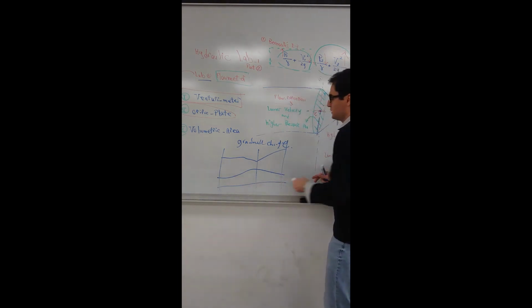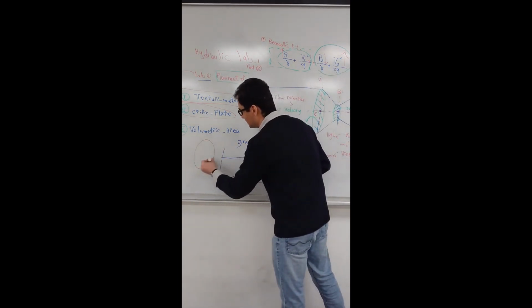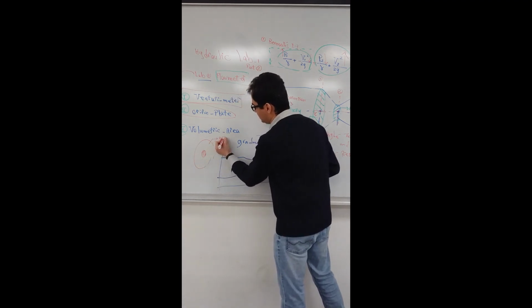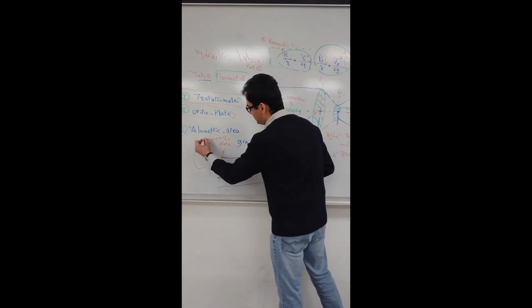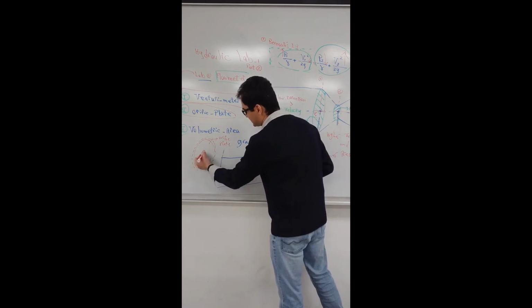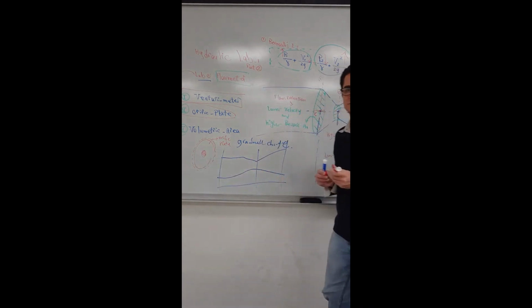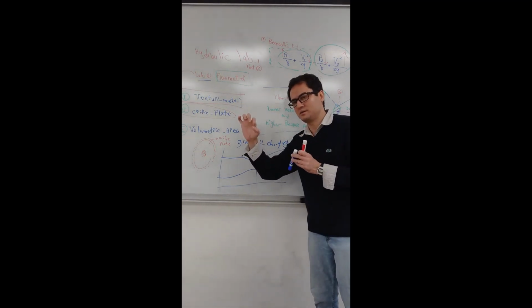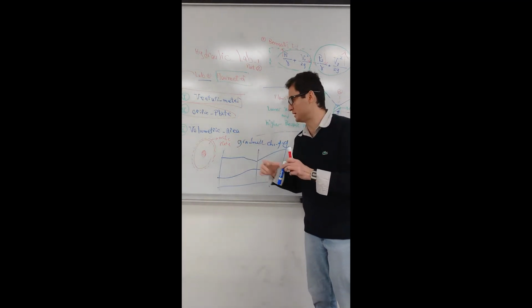But in the orifice plate, just assume this is the inner hole in the orifice plate. This is the orifice plate. Then you look at it from outside, and this is a smaller hole inside the orifice plate, which narrows the flow very sharply.